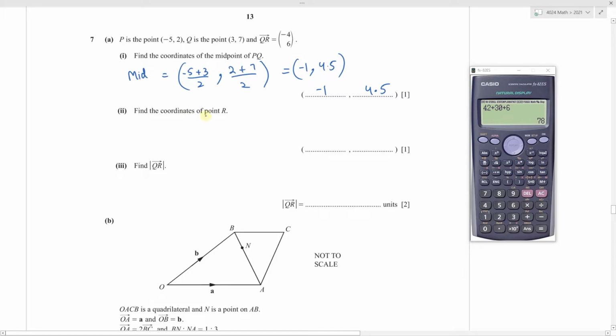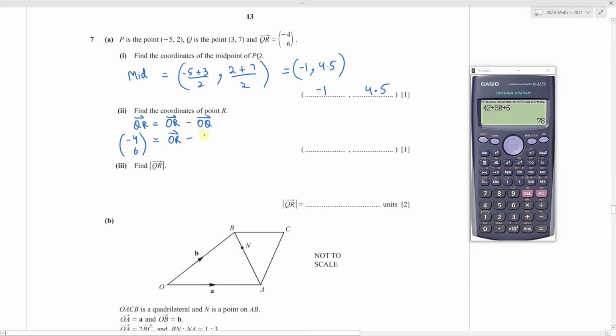Find the coordinates of R. So you're given vector QR. You know the coordinates of Q. So vector QR is given by position vector OR minus the position vector OQ. So QR is -4 and 6. OR is unknown. That's what we want to calculate.